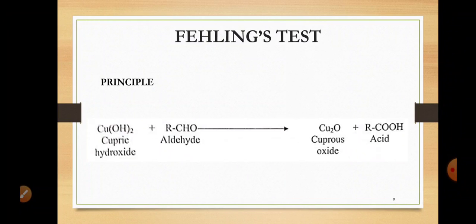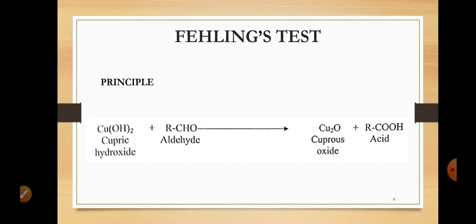If the solutions are taken in the correct proportion and the procedure is followed strictly, the approximate concentration of the carbohydrate can be judged from the color of the precipitate formed. That is what I just explained with respect to Benedict's test. That also holds good with respect to Fehling's test.